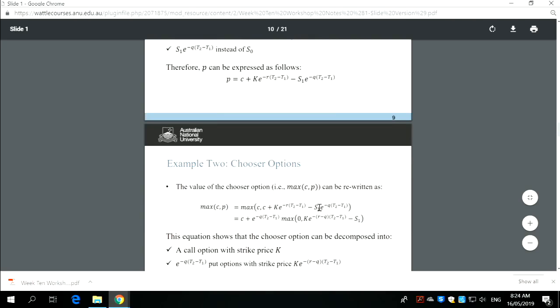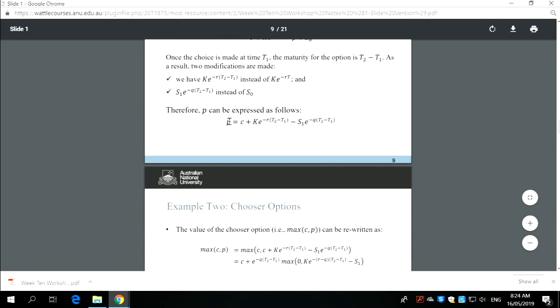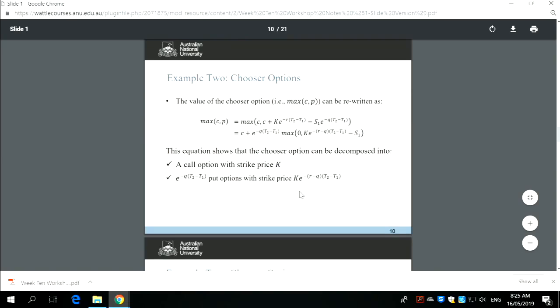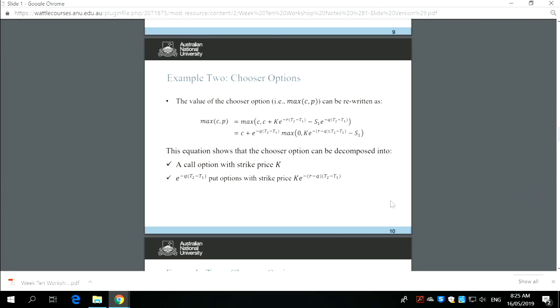Then we derived a payoff equation for the chooser option, and we decomposed this payoff into two components, and we recognize that what the chooser option really comprises is a call option and a certain amount of put option. Any question on this one?